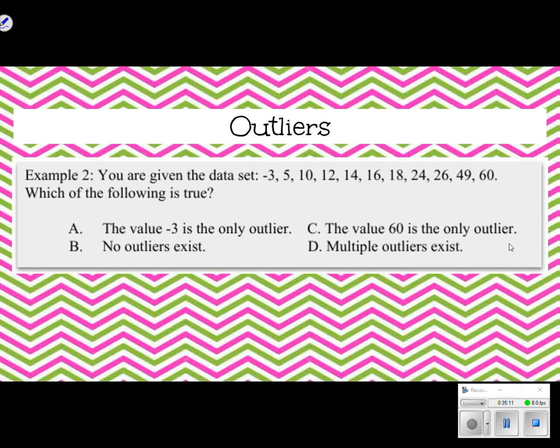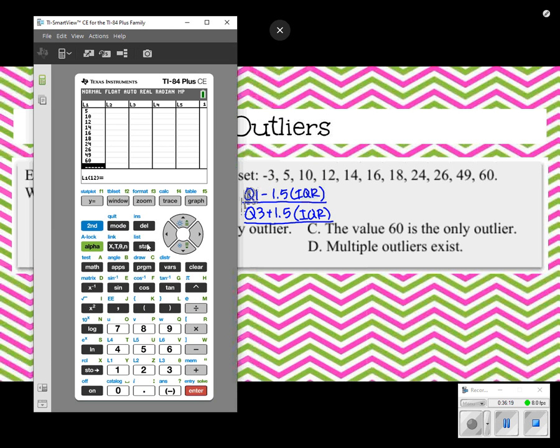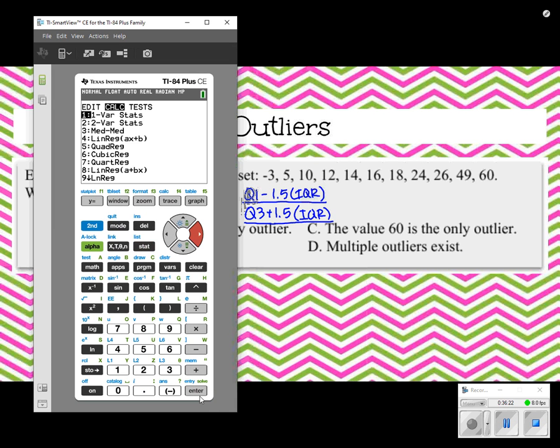So what we need to do is figure out 2 things. We need to figure out what's Q1 minus 1.5 times the IQR, and what's Q3 plus 1.5 times the IQR. If we have numbers smaller than this, we have an outlier. If we have numbers bigger than this, we have an outlier. So we need to put our data set into the graphing calculator. All right, so I have all my numbers in, and then I'm going to do stat right 1.